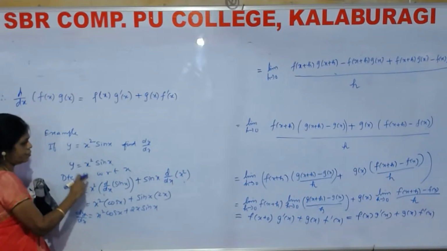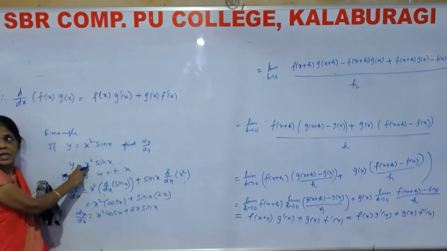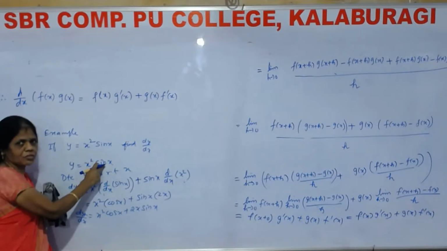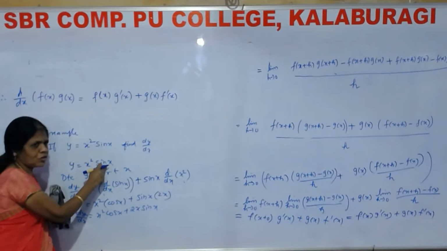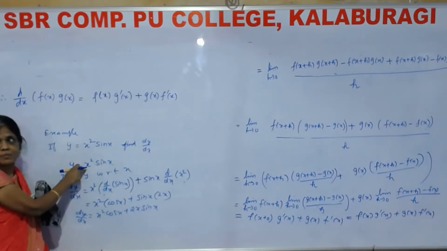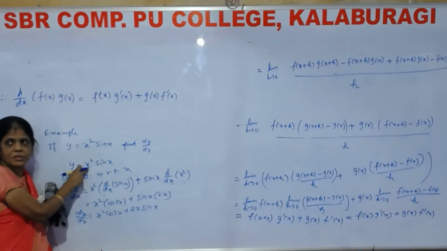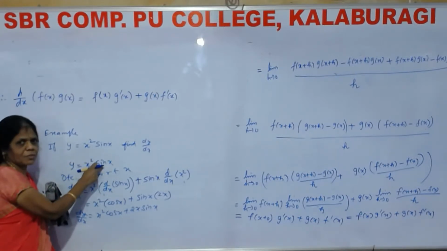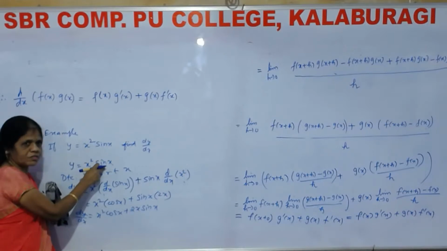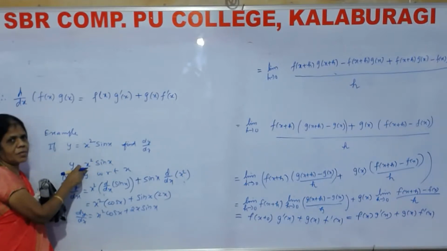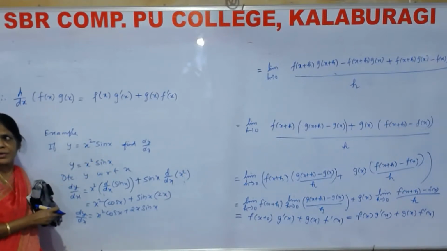Can we see that? f of x, g dash of x plus g of x, f dash of x. This is f of x, differentiation of sin x, plus g of x and differentiation of x squared. Right? Read out.